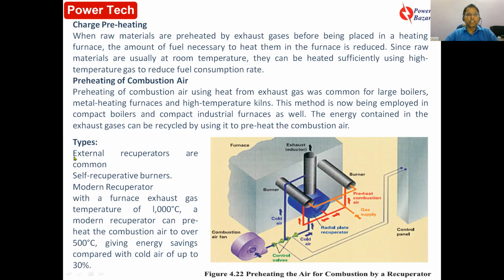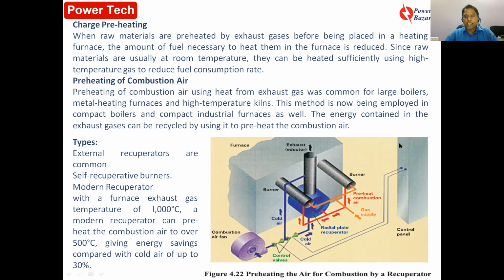One is external recuperators. Another one is self-recuperating burners, modern recuperators. If the furnace exhaust gas temperature is 1000 degrees centigrade, then a modern recuperator can be utilized to preheat the combustion air to over 500 degrees Celsius. That means this results in a saving of almost 30%.